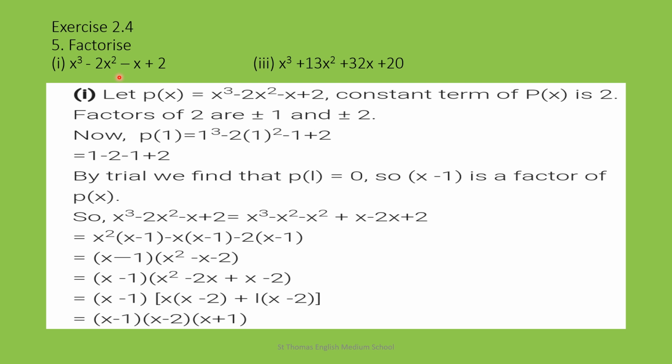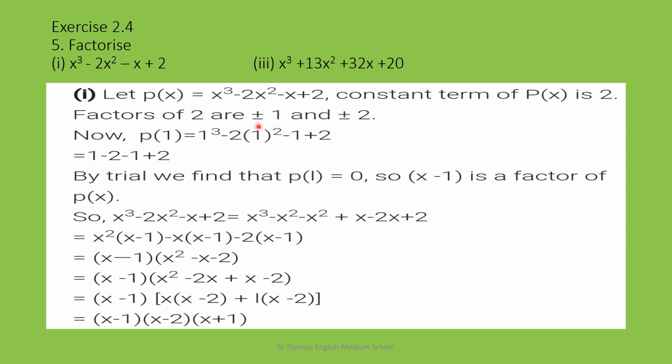So first you have to find a factor. For that, take the constant term, that is plus 2, and find the factors of plus 2. The factors of 2 are plus or minus 1 and plus or minus 2.